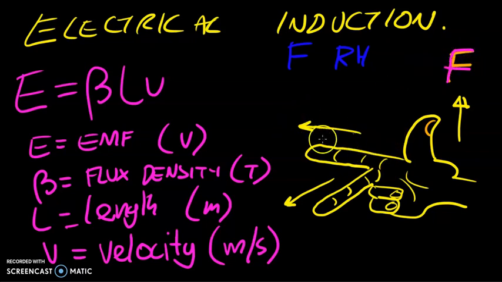Your first finger, index finger, indicates the direction of the magnetic field, the lines of flux, which point from north to south. And then finally, your second finger indicates the direction of current.